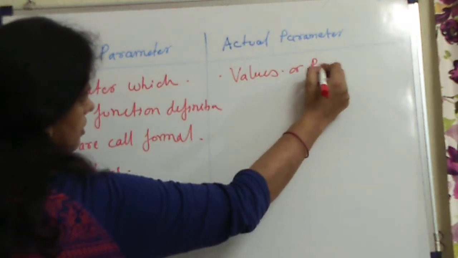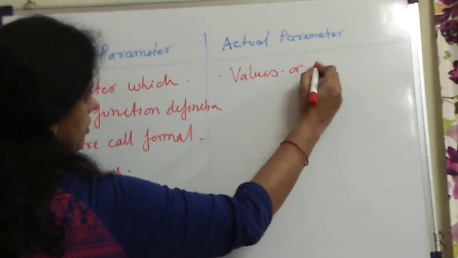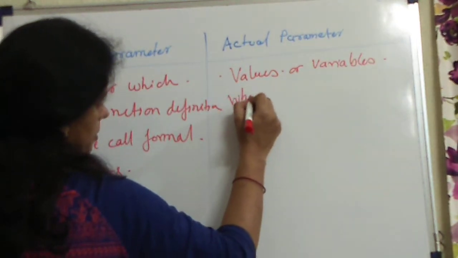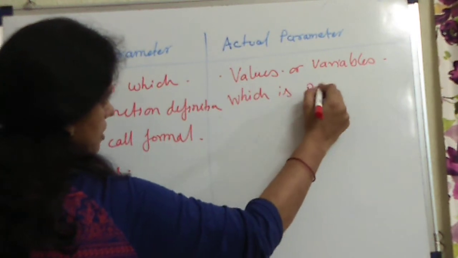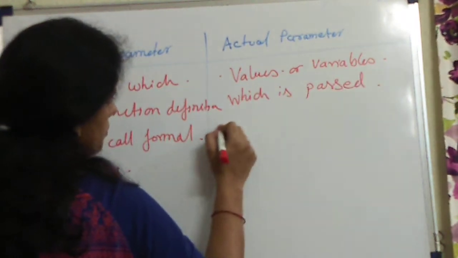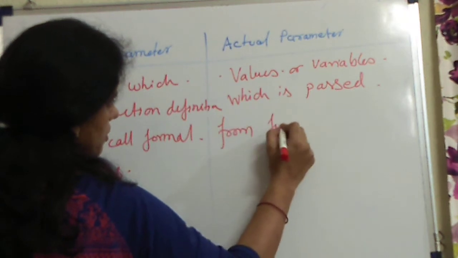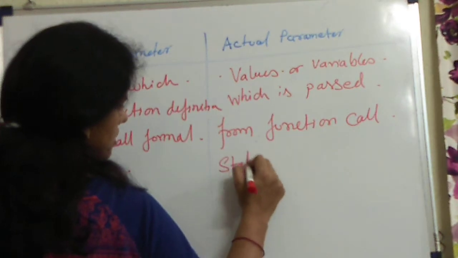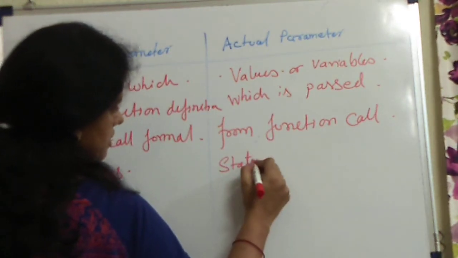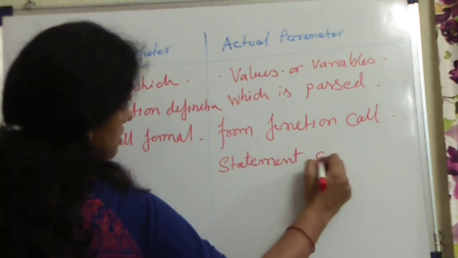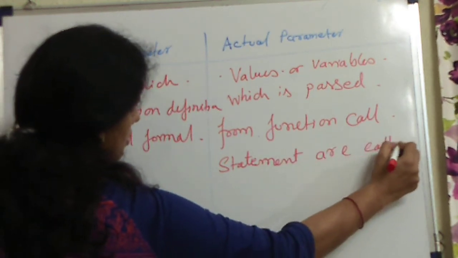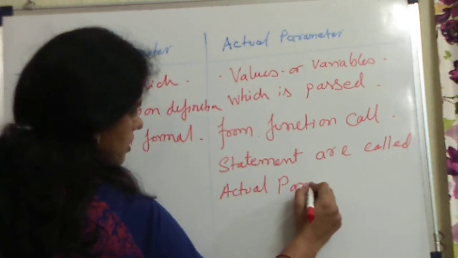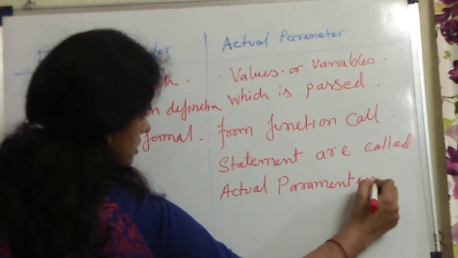Actual parameters: values or variables which are passed from the function call statement are called actual parameters.